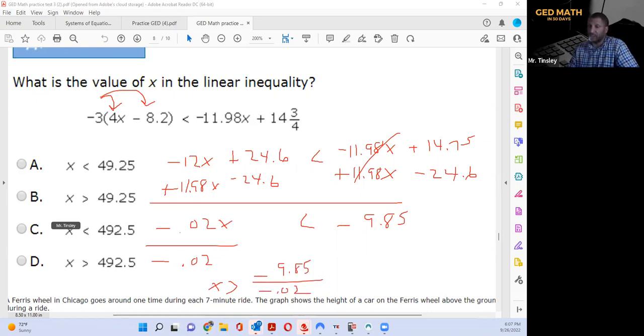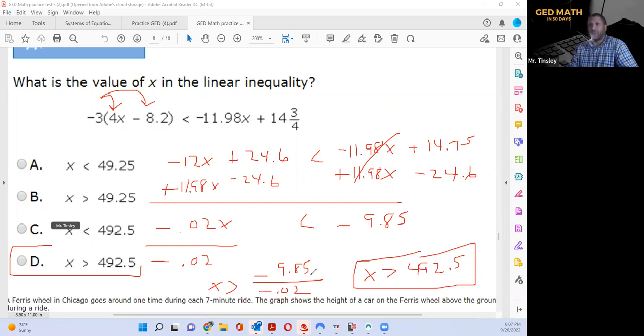Again, we're going to use a calculator. And we get x is greater than 492.5. So remember when I showed you before, you still got D, but this is how you would do it algebraically.